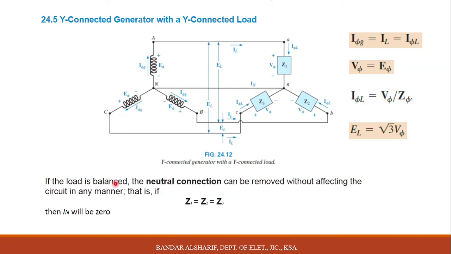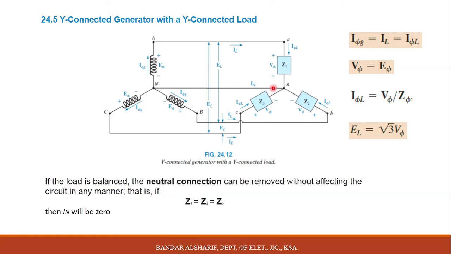If the load is balanced, the neutral connection can be removed without affecting the circuit in any manner. That is, if Z1 equals Z2 equals Z3. This is what balance means. We can remove the line neutral connection and it will not affect.